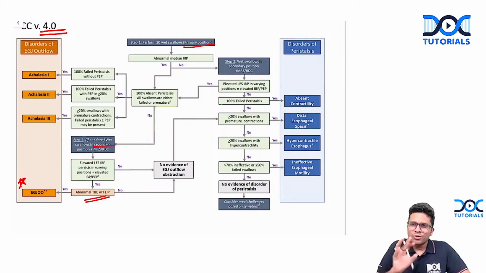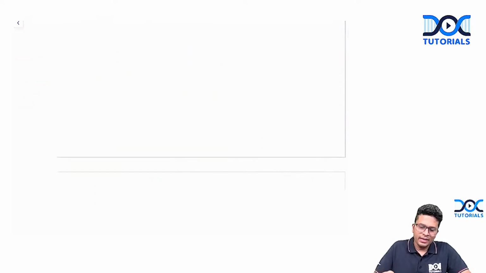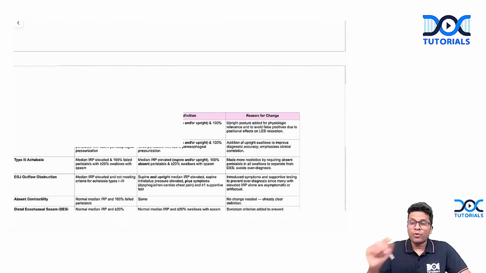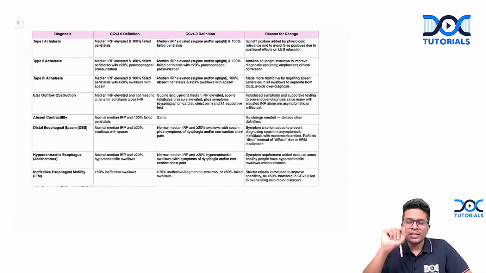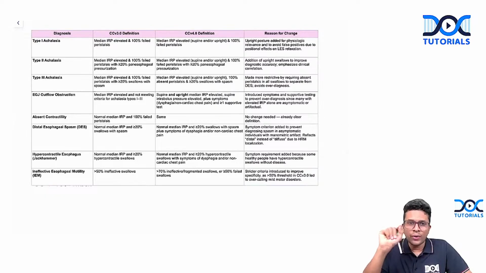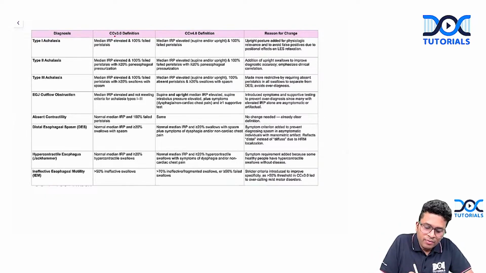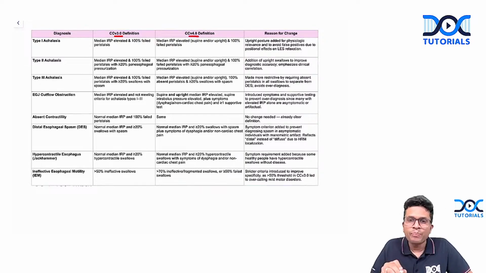And there are fine-tuned changes in the definition, like ineffective peristalsis initially was 50%, but now you call it more than 70%. These little changes are something which they might expect you, especially for NESS goers. But NEET SS also they may test if you guys know it or not. So there's a difference between version 3 and version 4. Version 4 is the newer one.